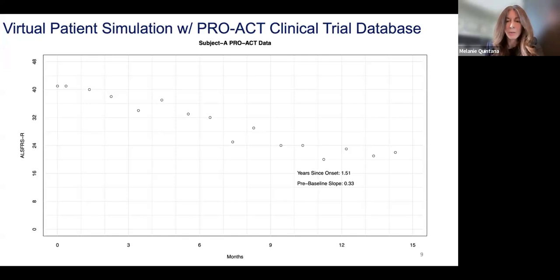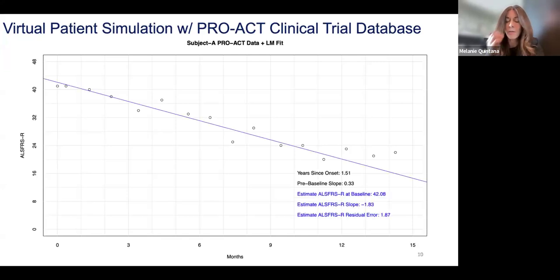Now, we can't use this actual observed data because it may not fall on the exact visit schedule that we're planning for our clinical trial. So we can fit a linear curve to their data, and actually we'll get to this, but these linear curves fit quite well to the participant level data, at least through 6 to 9 months, as you can see reflected here.